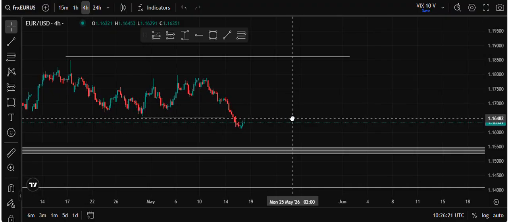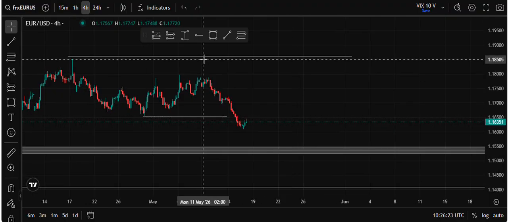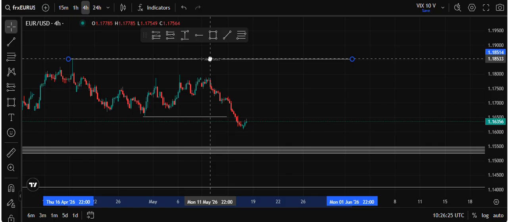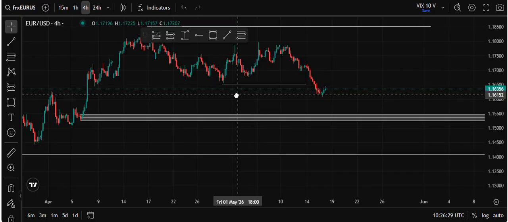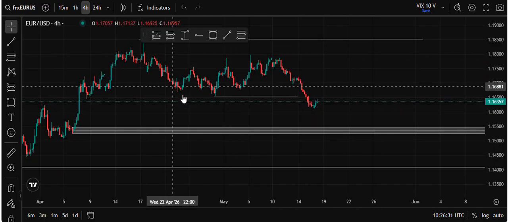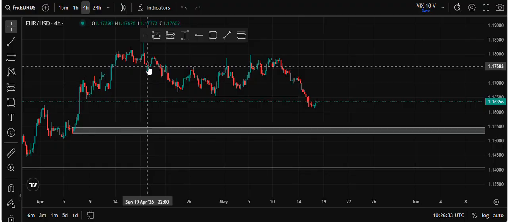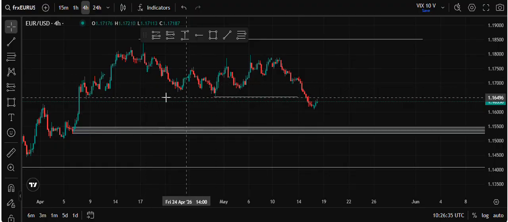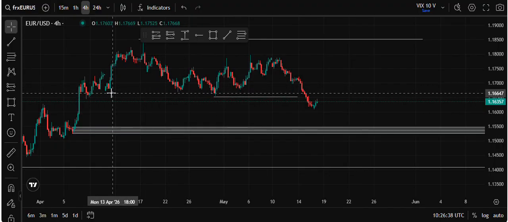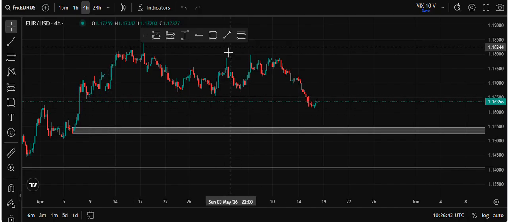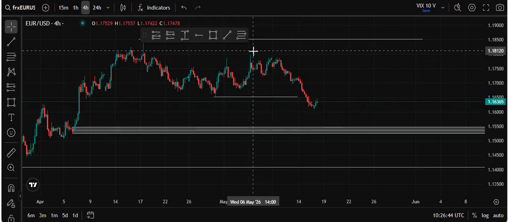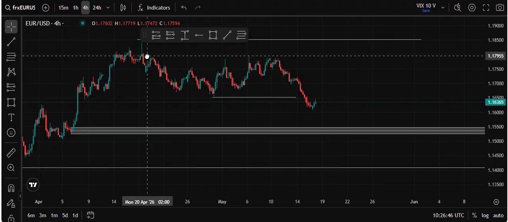Let's see. Yeah, like I said, this is a ranging market, as you can see. Came down, got up to here, went up, didn't get up to there, but it mitigated this.